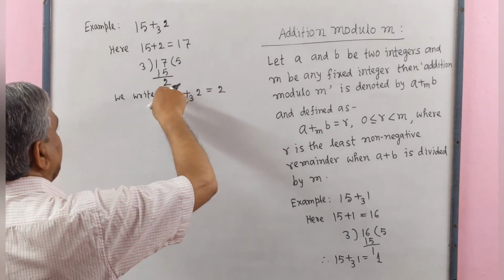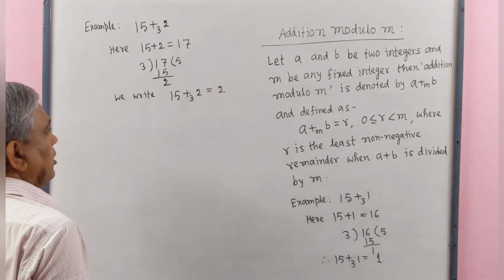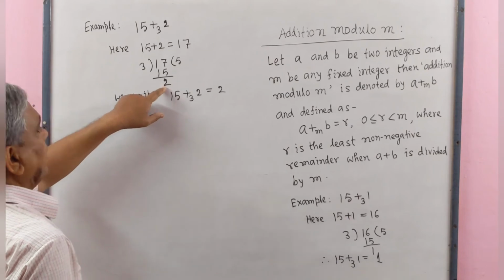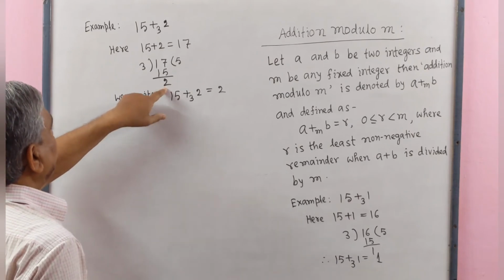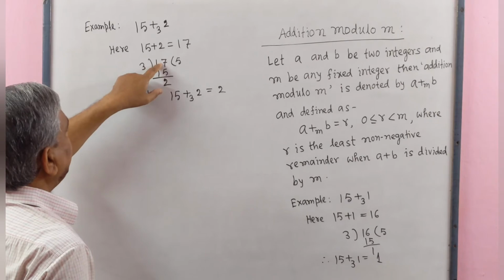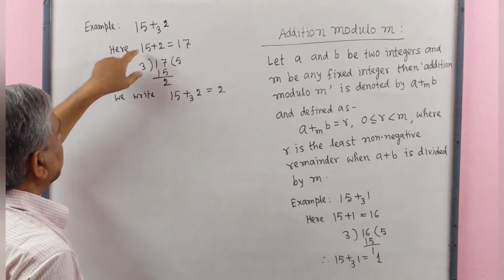Here 2 is the least non-negative remainder when 15 plus 2 equal to 17 is divided by 3.